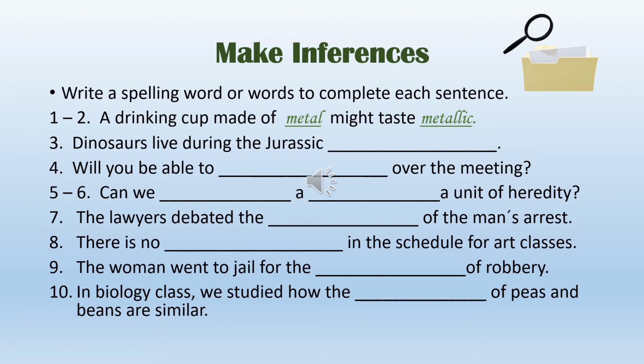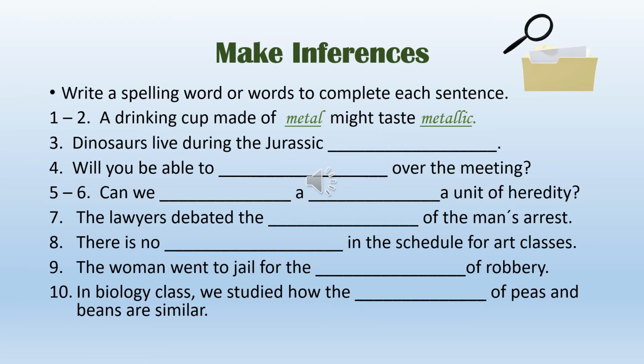Number 3. Dinosaurs lived during the Jurassic blank. What is going to be the best word that completes this sentence? Look and check your spelling word list and find out which one is the correct answer.